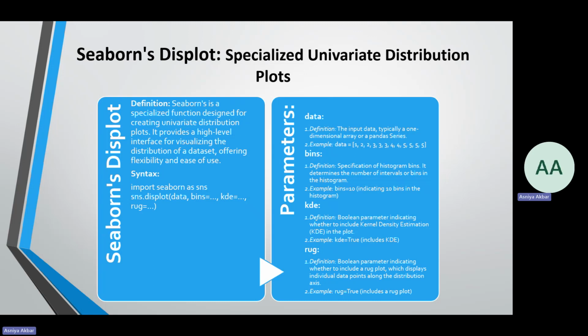And KDE, which is kernel density estimation, whenever it is true, includes the KDE in the plot, and it provides a very smooth representation of your distribution. And lastly, a rug plot is included, which displays individual data points along your distribution axis, and it also enhances the granularity of your plot.